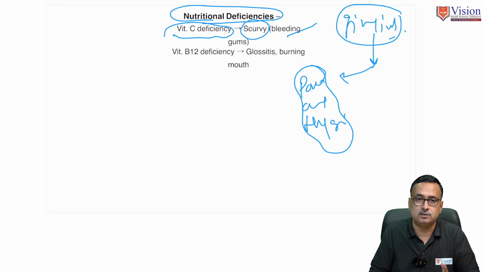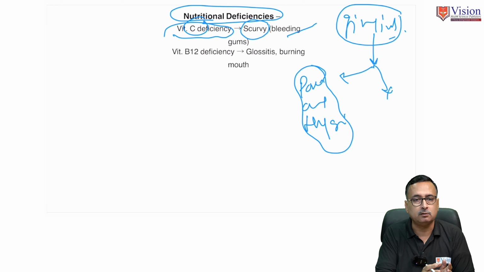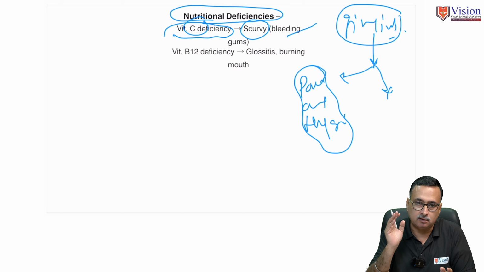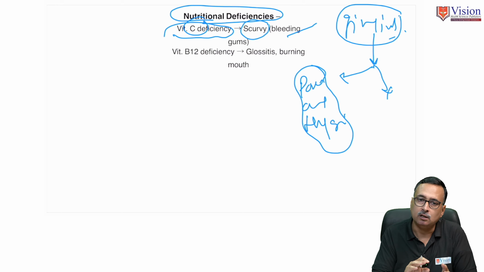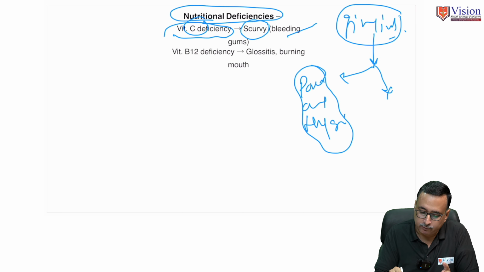But in specific cases, if there is a nutritional deficiency of vitamin C, then again there are bleeding, swollen gums. This is also gingivitis. So gingivitis may be because of poor oral hygiene or because of nutritional deficiency of vitamin C. If it is due to vitamin C deficiency, conventionally we give a specific name to the disorder, scurvy or bleeding gum.